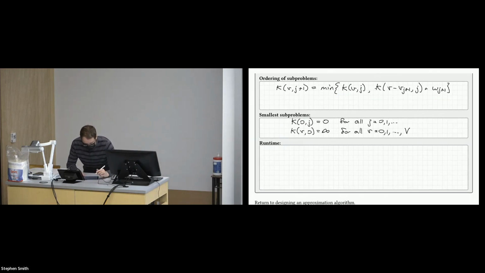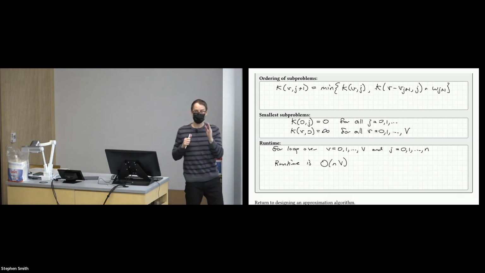So we do a for loop over v equals 0, 1 up to V, and j equals 0, 1 up to n. So the runtime is what we are searching for, big O of nV.